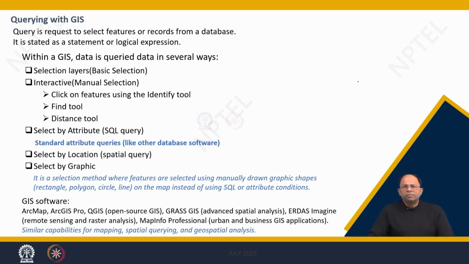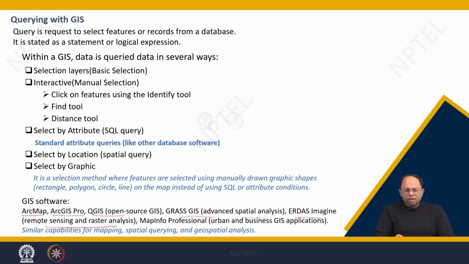The GIS software that we will use in this lecture is ArcGIS Pro. There are several software packages. There is ArcMap, which is a much simpler version of ArcGIS, and ArcGIS Pro is the professional version which allows you all functionalities. Then there is QGIS, which is open source GIS. Then GrassGIS, with which we can do a lot of advanced spatial analysis. Then ERDAS Imagine, where we can do remote sensing and raster analysis.